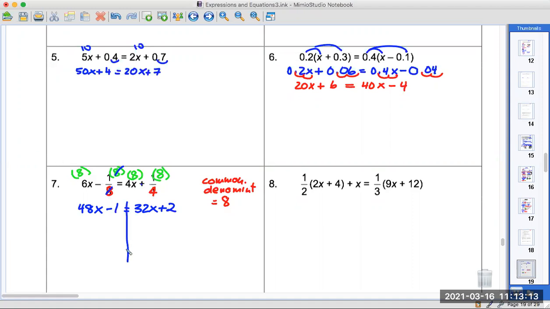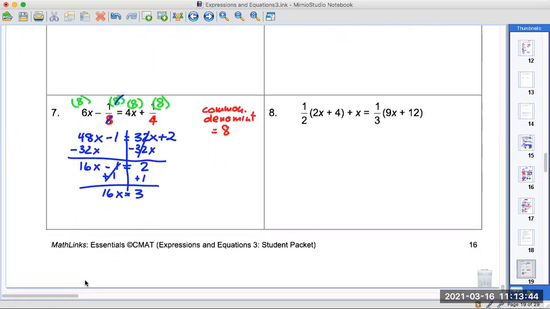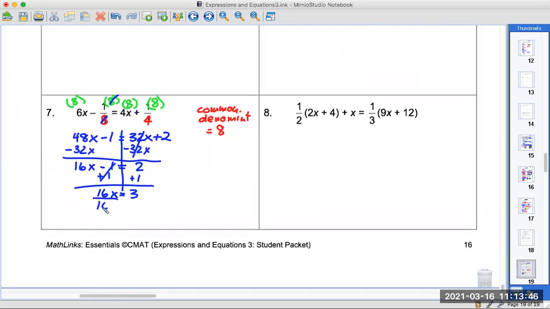And now I'm solving. I subtract 32x. 48 take away 32, I think is 16x. Add 1. 16x equals 2 plus 1 is 3. Divide by 16.